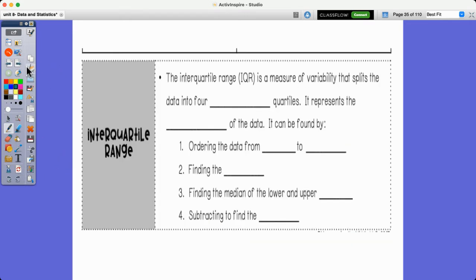Interquartile range, not as easy, but it's okay. It's not horrible. Interquartile range is a measure of variability that splits the data into 4 equal size quartiles. It represents the middle 50% of the data. First, we order our data from least to greatest.